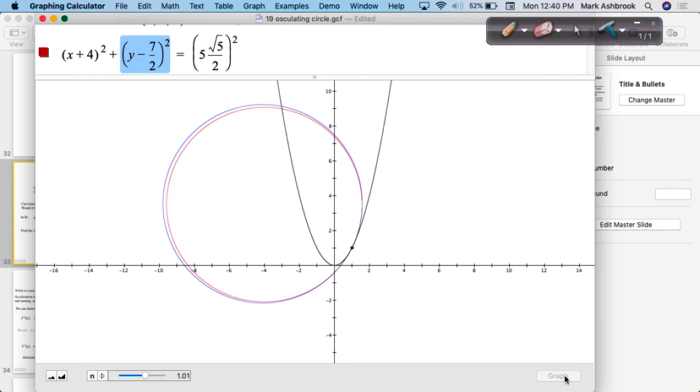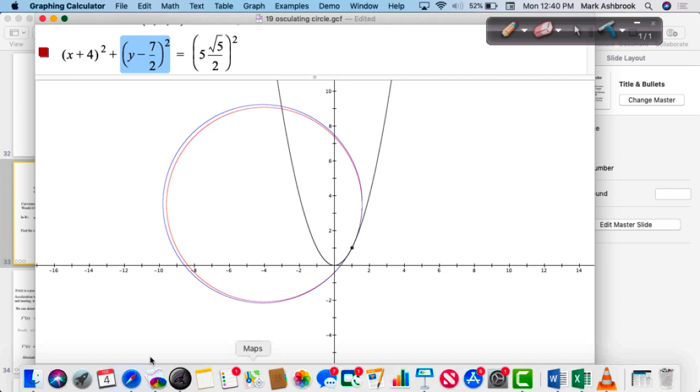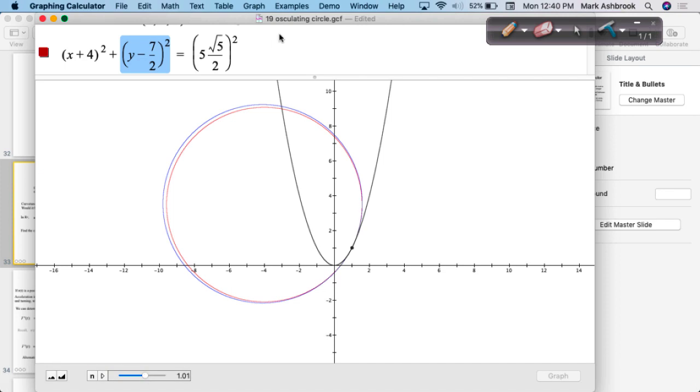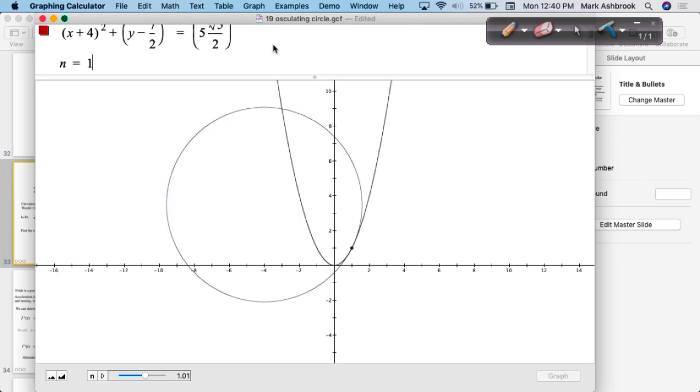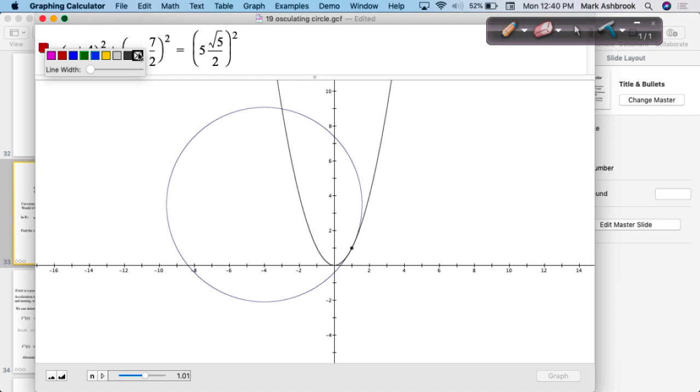No, your slider's at 1. So we'll just say n equals 1. Nailed it, right? So turn off the red, you only see blue. Turn it on. There, got it.